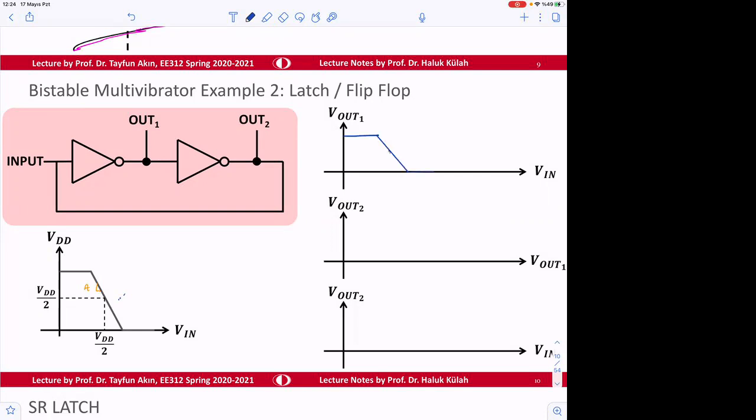So this is the VDD divided by 2 point, and this is VDD divided by 2. Okay, so this is the input versus output case for the first one, and exactly similarly Vin2 and Vin1 is going to be the same thing.